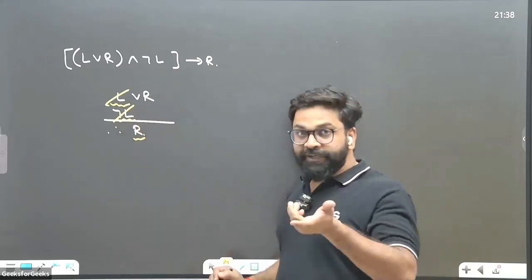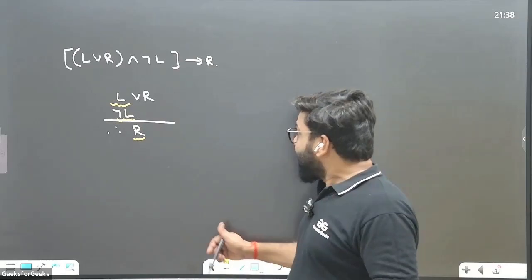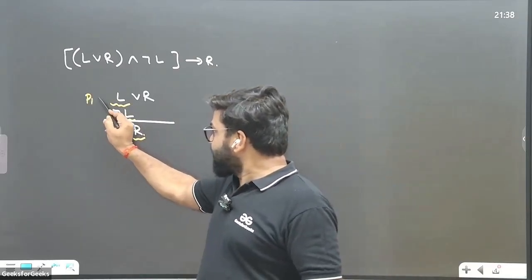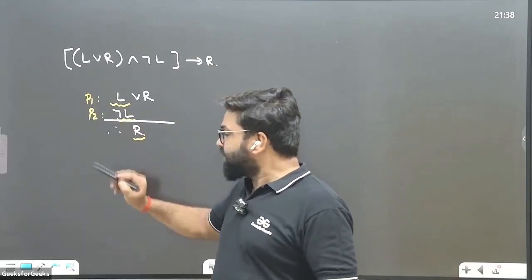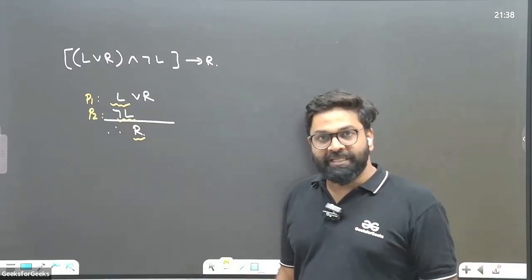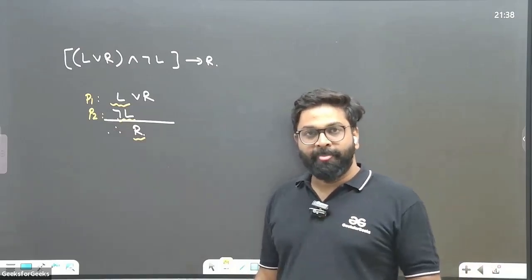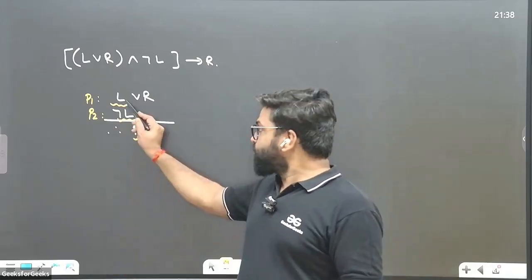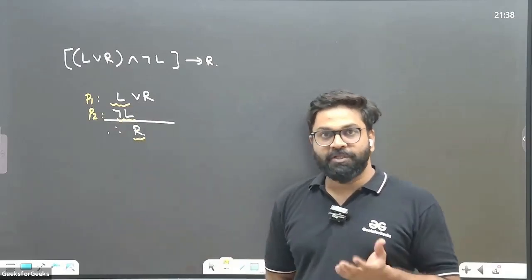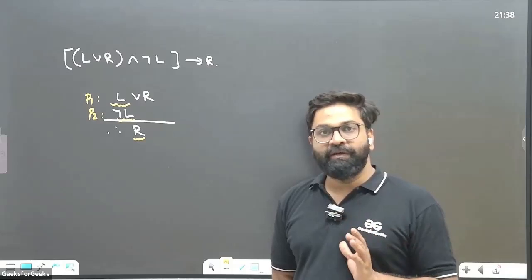No. The inference rule says that with the help of the first premise and the second premise, you are concluding something, and that conclusion is R. I'm just trying to help you: one is positive and one is negative.